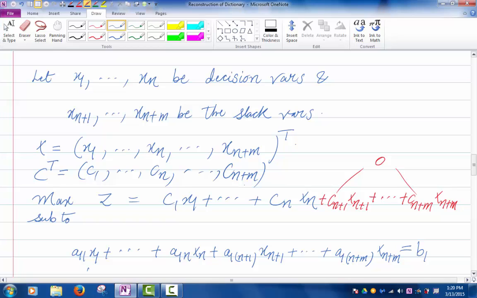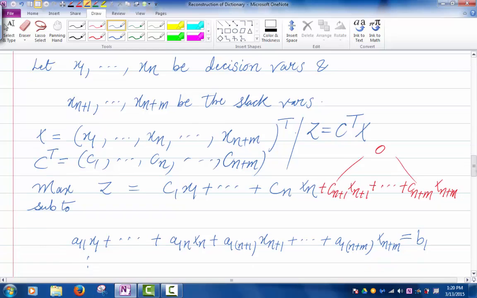The reason I did that is because then I could say that z is c transpose times my big vector x. Is everybody okay? You guys are okay with that? I can say that z is c transpose times x, where x is all the variables including decision and slacks, and the vector c transpose is all the coefficients but zeros for the slack variables.